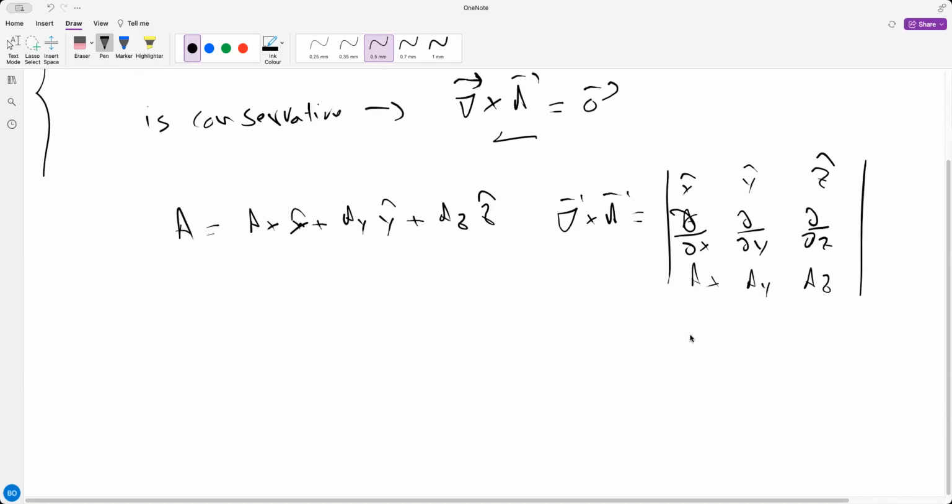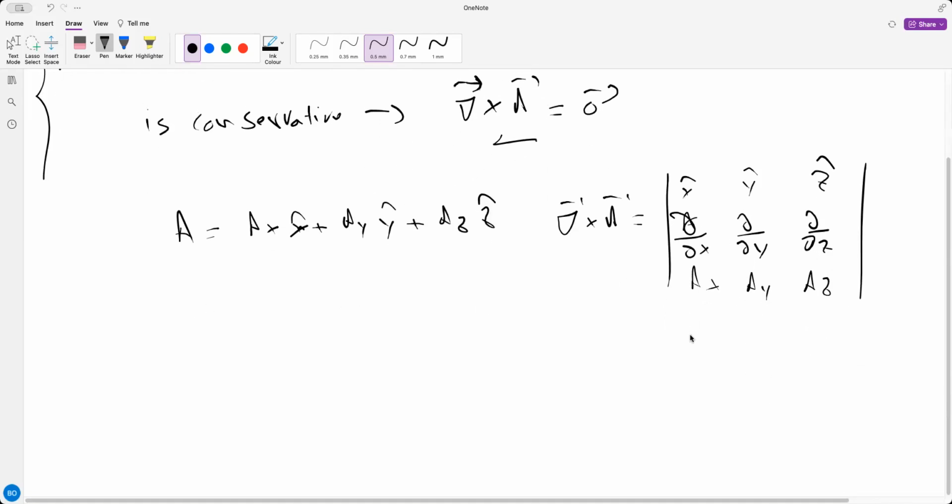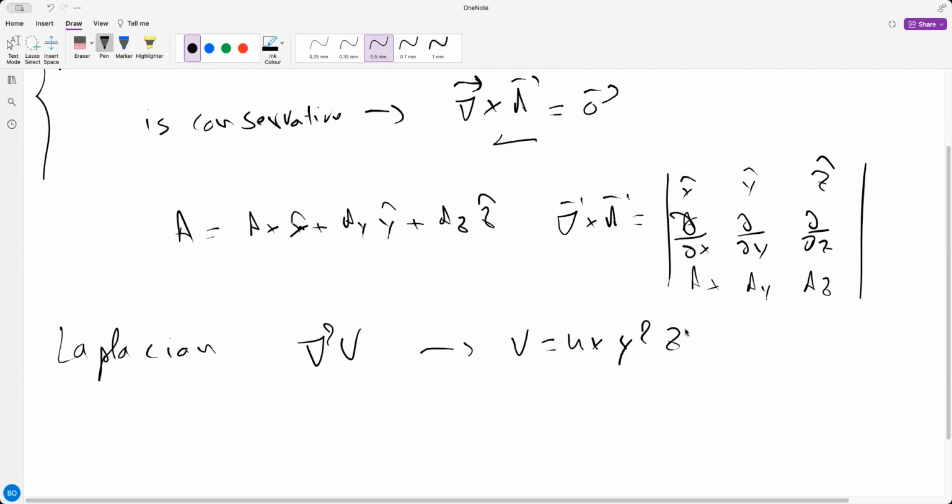Okay. Then the Laplacian. Let's give an example about the Laplacian. Calculate the Laplacian of this scalar, which is 4x y squared z cubed.